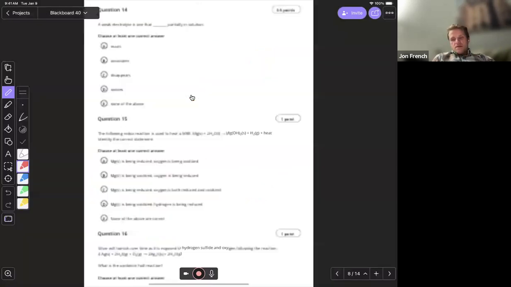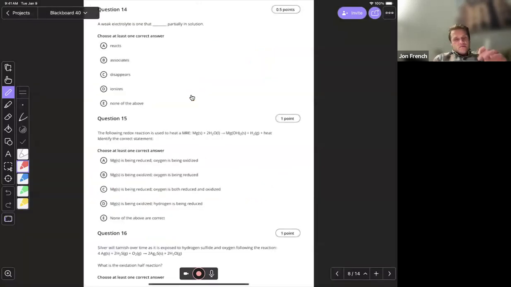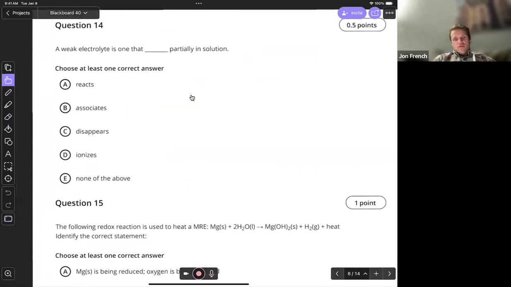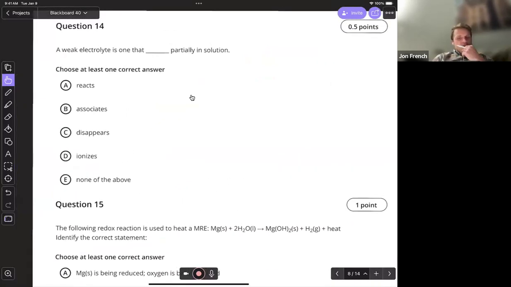All right, question 14 that everyone's been, I mean, ChatGPT could have answered question 14 for you. A weak electrolyte is one that, all right, so we talked about strong acids and strong bases. Strong acids and strong bases are strong electrolytes.